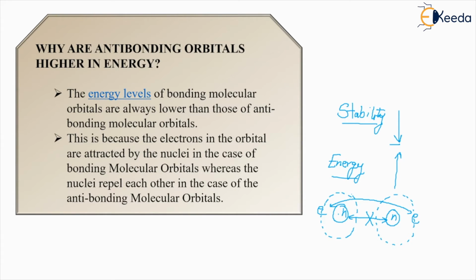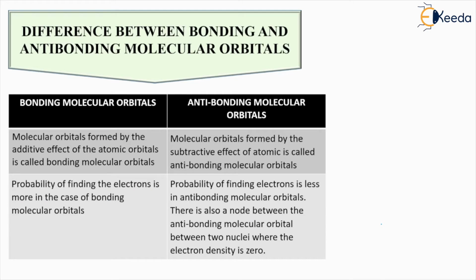Why? Because this nucleus has a strong positive force. This nucleus is also a strong positive force. Positive and positive repel. Negative and negative repel. Positive and negative attract. Negative and positive attract. Since over here I have positive and positive, it will give us a repulsion force.